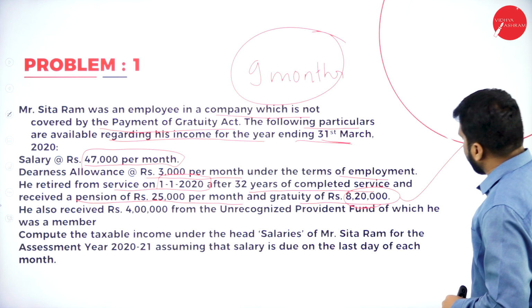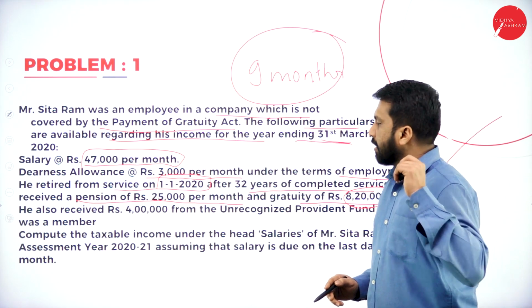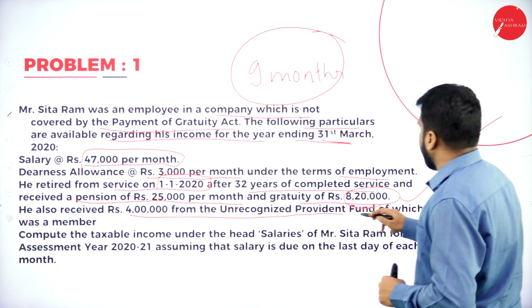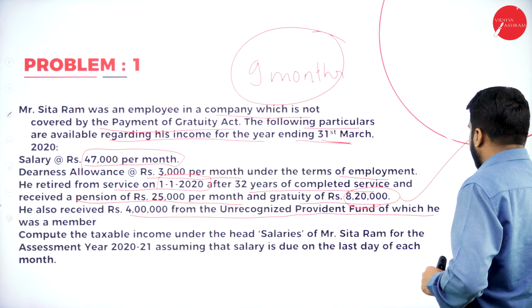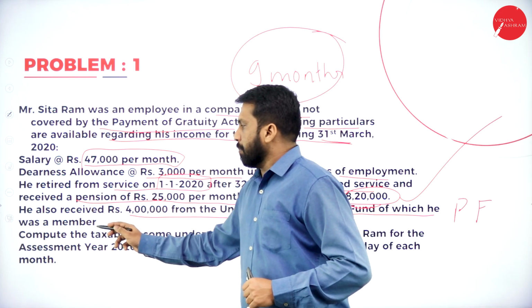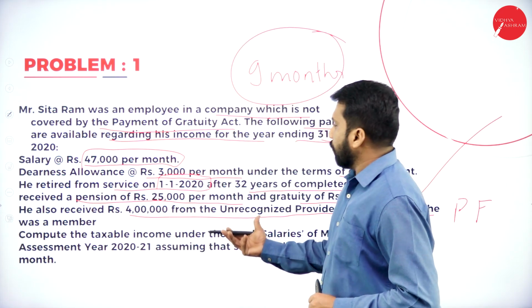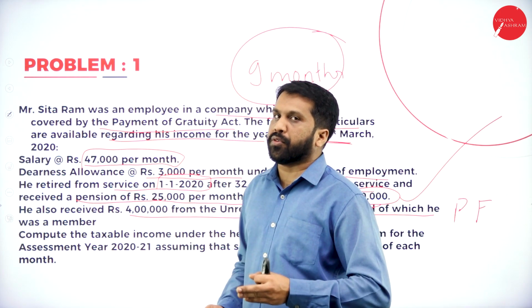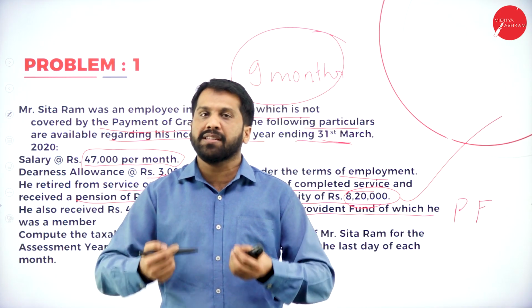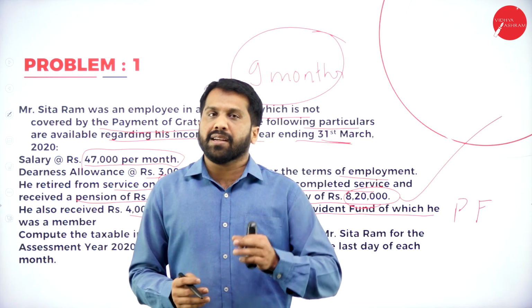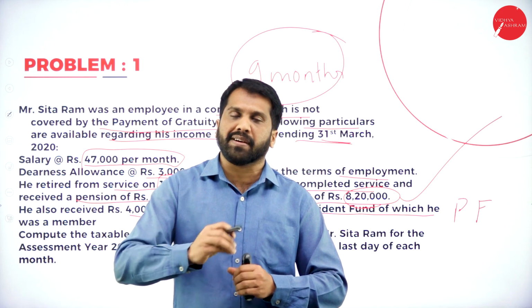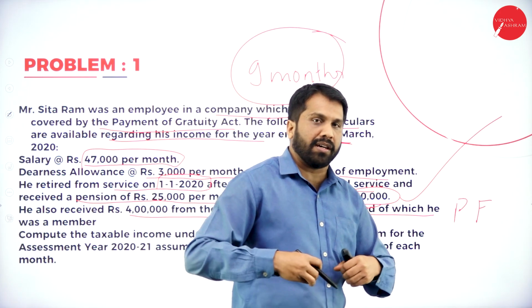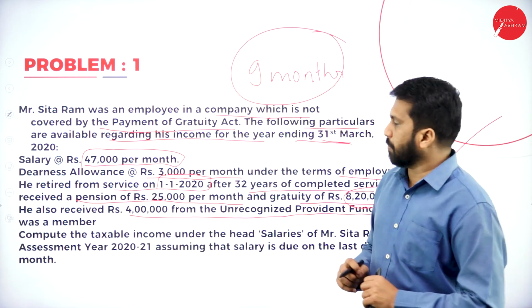We have to calculate this only. I'll show you what will be your calculation. He also received 4 lakh from the unrecognized provident fund. He was a member. We can assume that out of 4 lakh, half is given by the employer and half is contributed by the employee, the worker himself. Whatever is contributed by the employer is taxable and whatever is contributed by the worker himself is non-taxable.